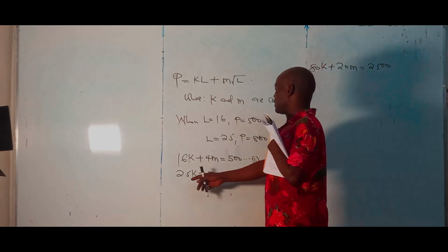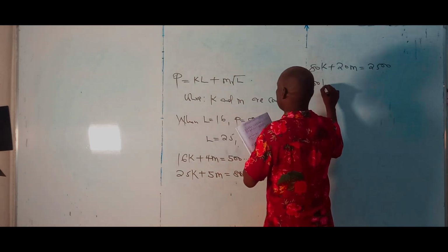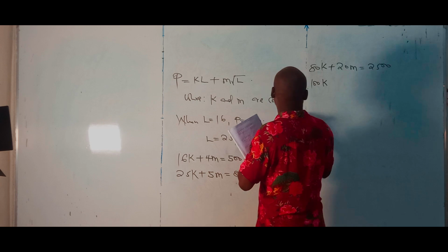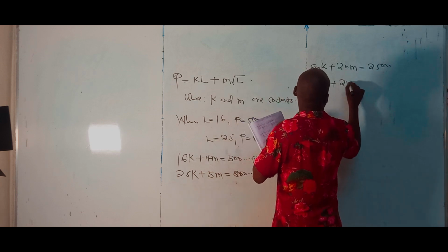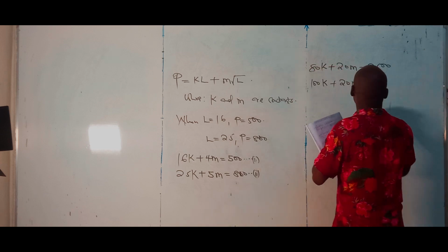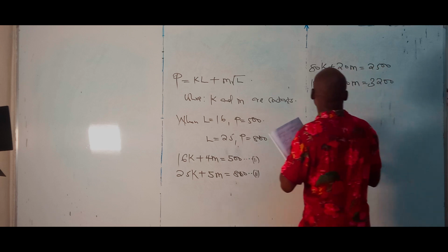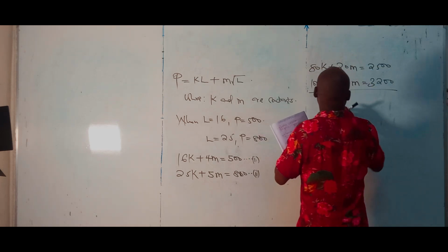Then this other one I multiply by 4, which will now be 100K plus 20M is equal to, if this is multiplied by 4, 3,200. So I can subtract.